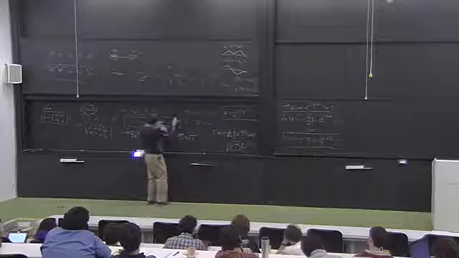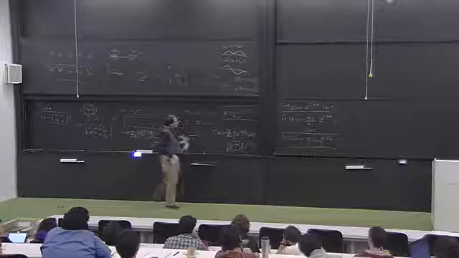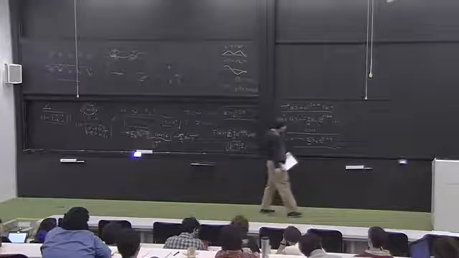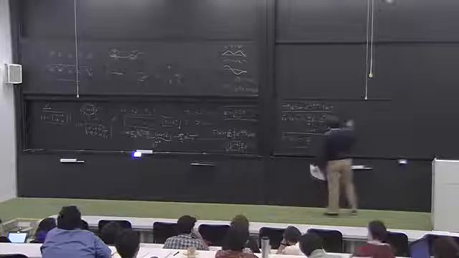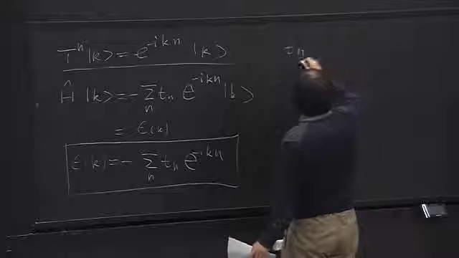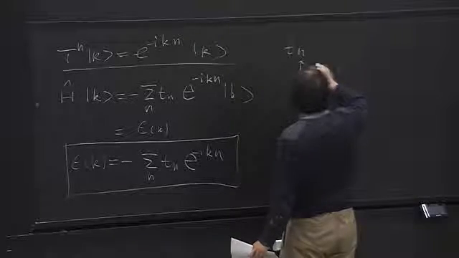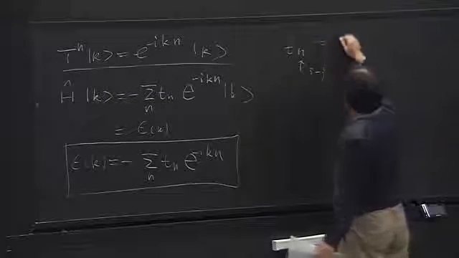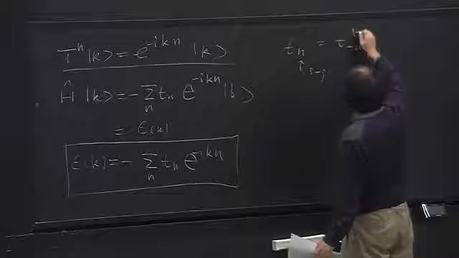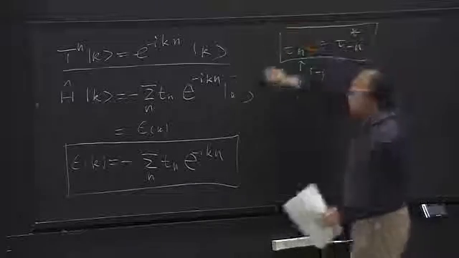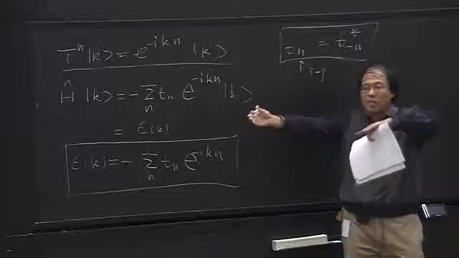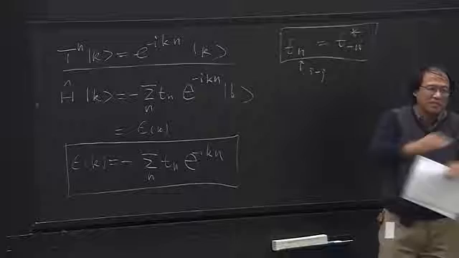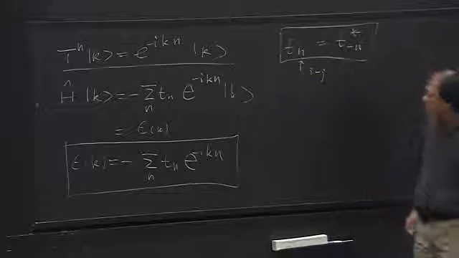If a hopping amplitude has this condition, then translating to here, that means Tn. Remember, n is like i minus j, the difference. Tn should be equal to T minus n star. Tn is a hopping by n steps in one direction. Minus n will be backwards n steps. So they should have this relation.